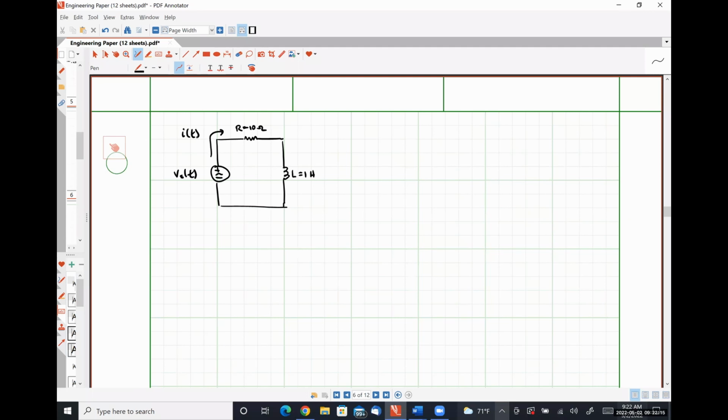Here's I of t. We're going to rework it using complex numbers. So let's say that Vs of t is Vm e to the j omega t.